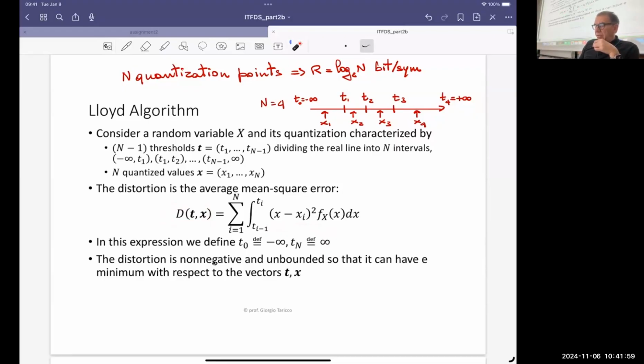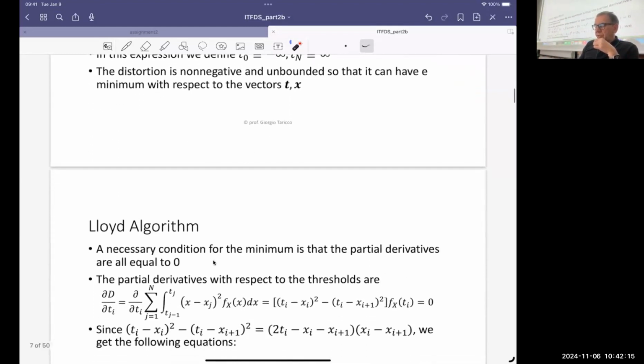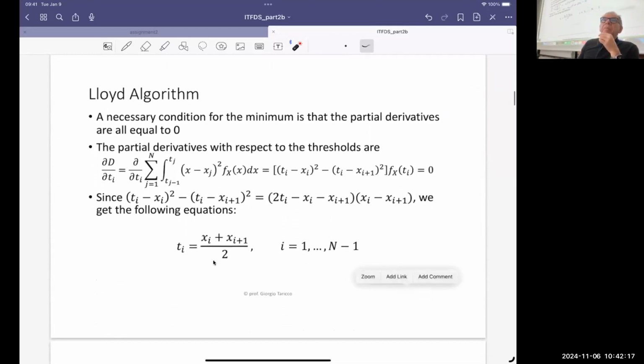And usually, well, always it has a minimum that depends on the vector t and x. So our goal is to find the thresholds and the quantization points that minimize the distortion function. This is done by using the iterative algorithm that we mentioned before.